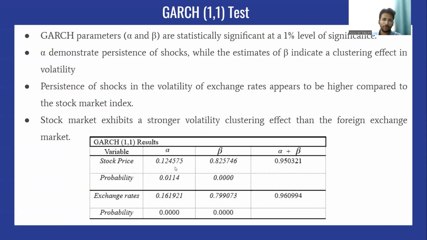The persistence of shocks in the volatility of exchange rates appears to be higher compared to the stock market index. Here we can see the value 0.16 is higher than 0.12, and for beta we can see the stock exhibits stronger volatility clustering effect than foreign exchange market. This is by the value of beta for stock price at 0.8, and for the exchange rate at 0.7.